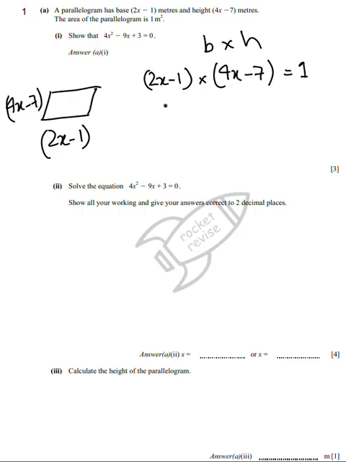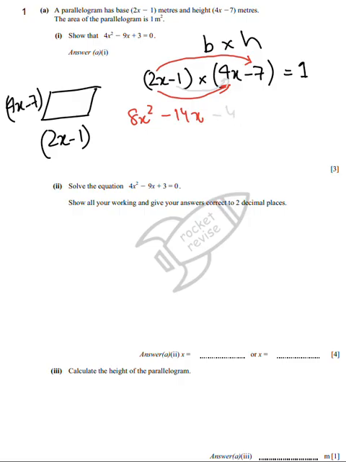What's 2x multiplied by 4x? 8x squared. Good. What's 2x multiplied by minus 7? Yes, minus 14x. Okay, good. What's minus 1 multiplied by 4x?